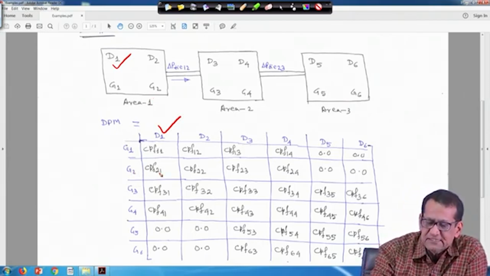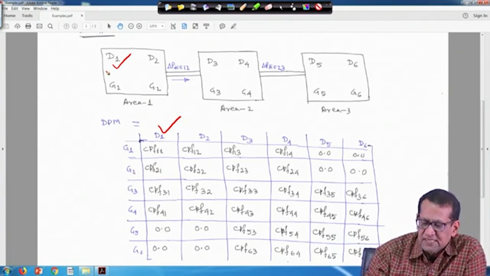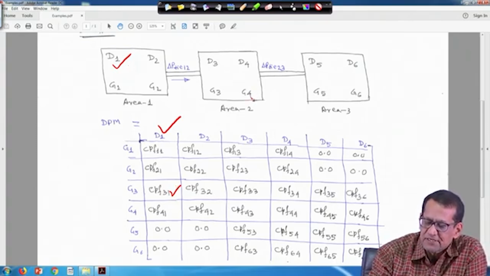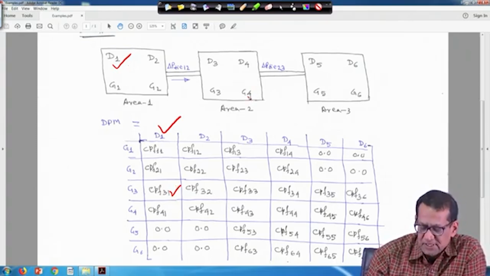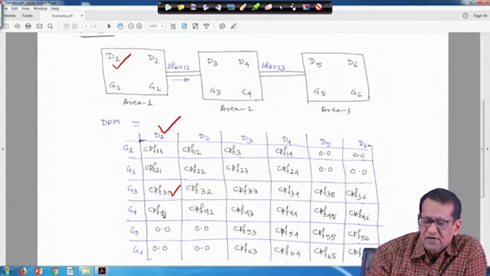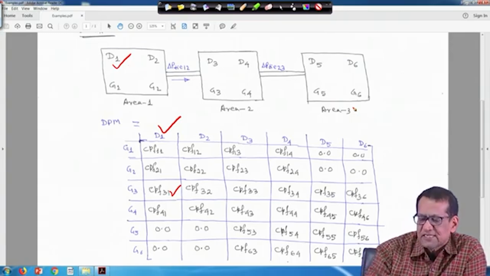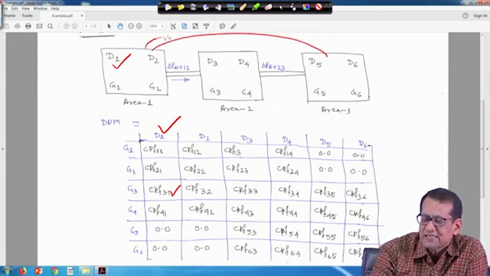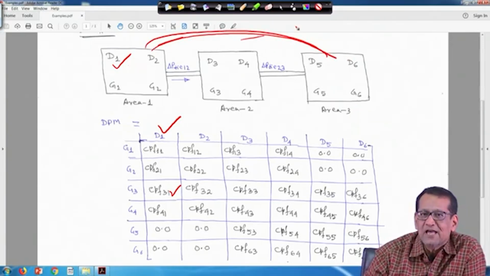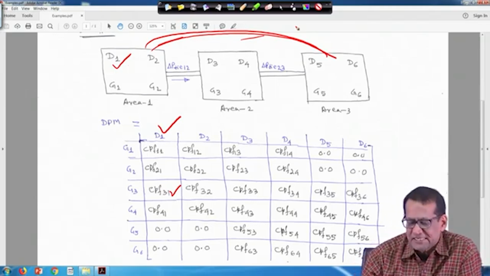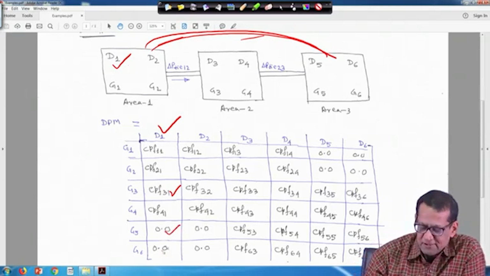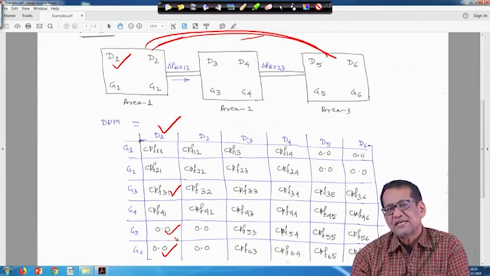Similarly, this distribution company can have contact with GENCO 3, that is why CPF 31 is there. Similarly, it may have contact with G4, that is GENCO 4, that is why CPF 41. But this distribution company cannot have any contact with G5 or G6, right, because there is no line. So it is blank, not connected. That means this part is 0, this part is 0, right.